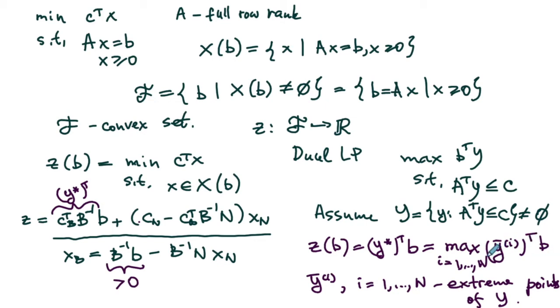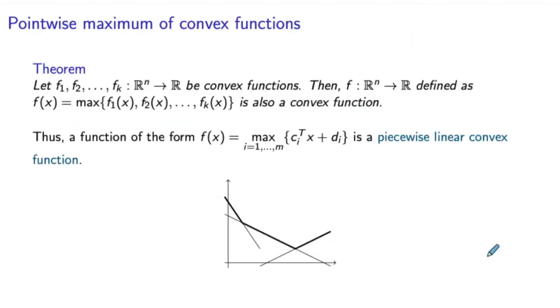So let's illustrate what type of structure these functions have geometrically. And first, let's discuss a more general setting where generally you have convex functions f1, f2, and so on, fk, and we consider the pointwise maximum of this set of convex functions. And of course, the linear case is a special case of this situation because linear functions are convex.